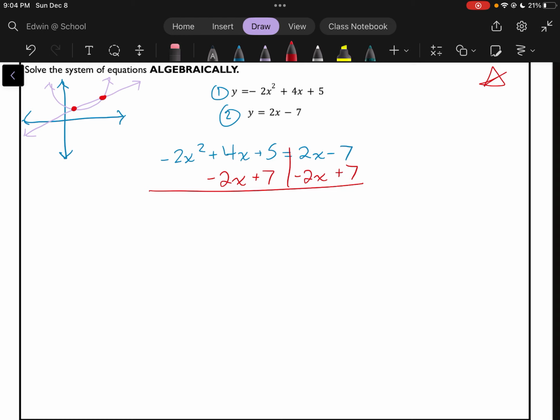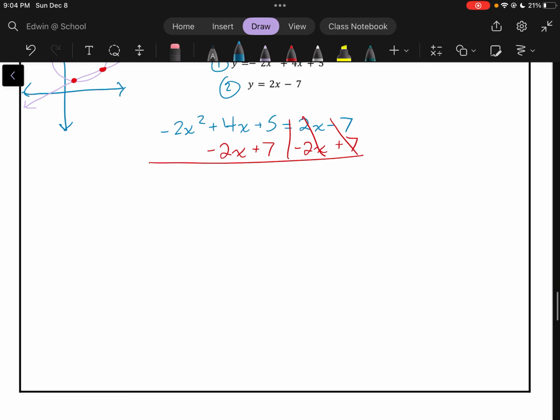So all I'm doing is I'm subtracting the 2x to the other side, which cancels out. And I'm adding the 7 to the other side, which cancels out, giving me negative 2x squared plus 2x plus 12. All of that equals 0.